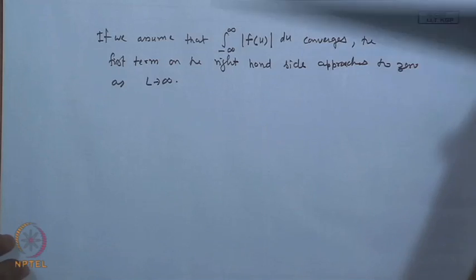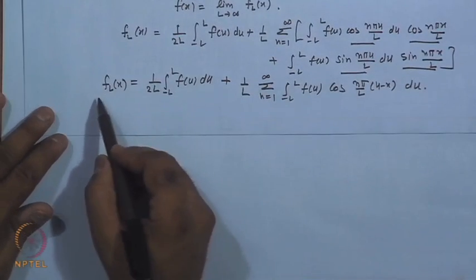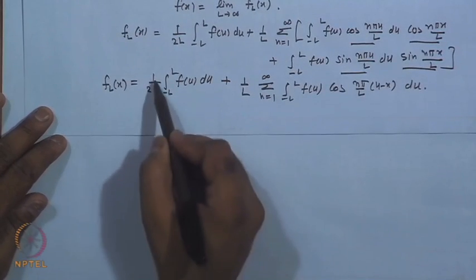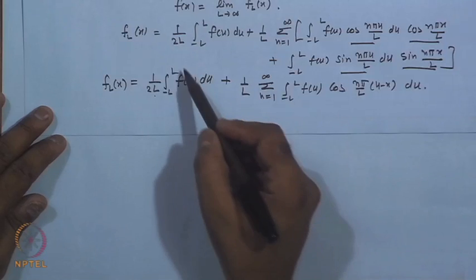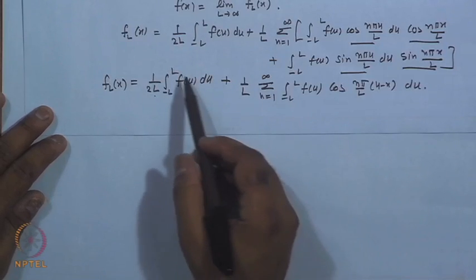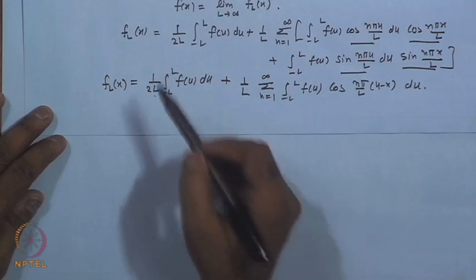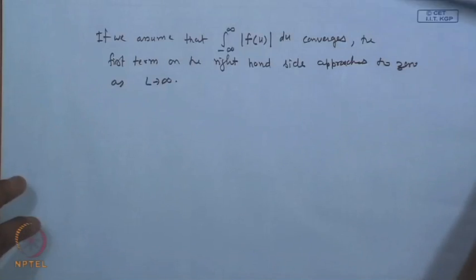Let us take a look again. With this term, as L goes to infinity, since we have 1 over L and we assume the integral is a finite quantity, this will go to 0.